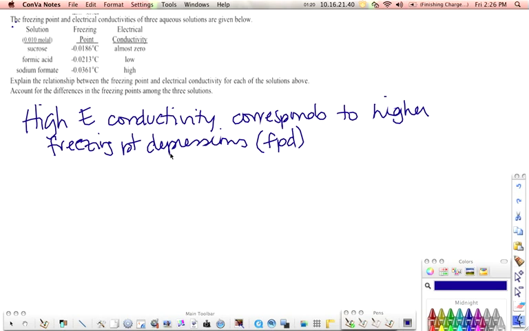So higher electrical conductivity means a higher freezing point depression, or a higher change in the freezing point.